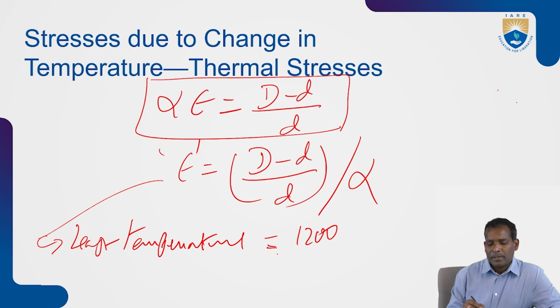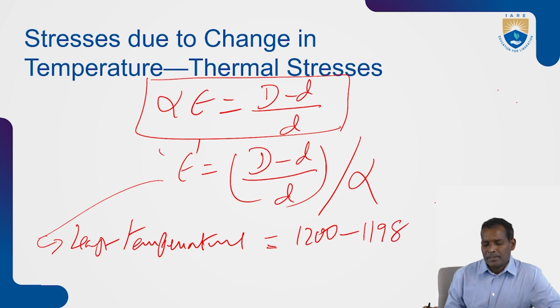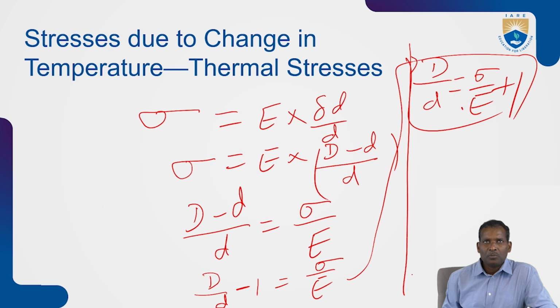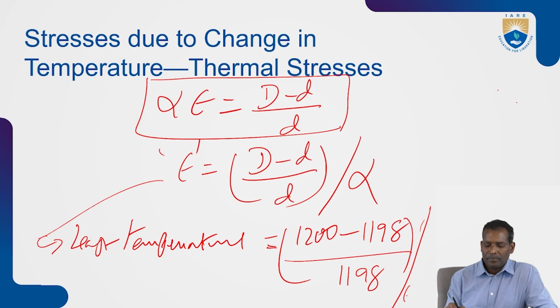So 1200 mm minus 1198, small d, divided by alpha. So the alpha value is 6.5 into 10 to the minus 6.